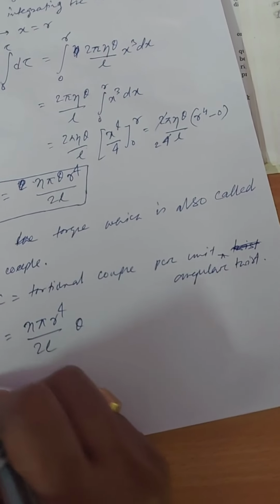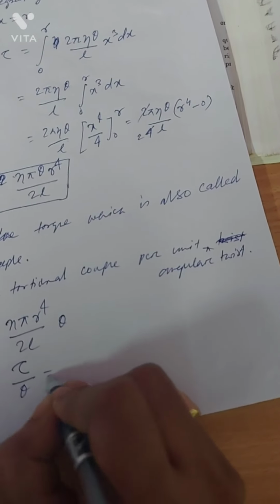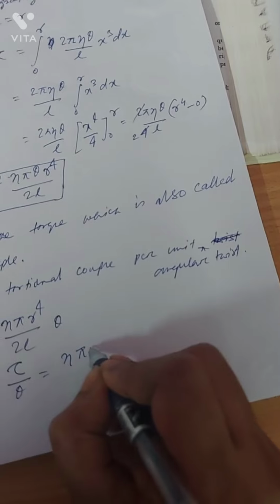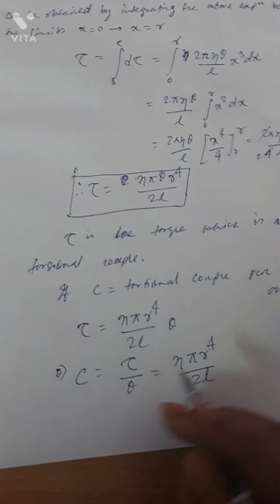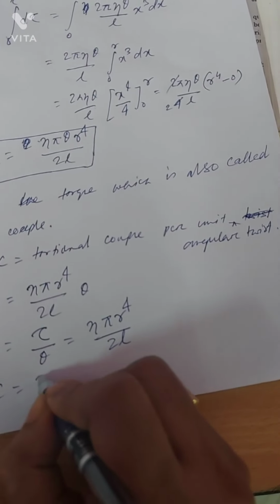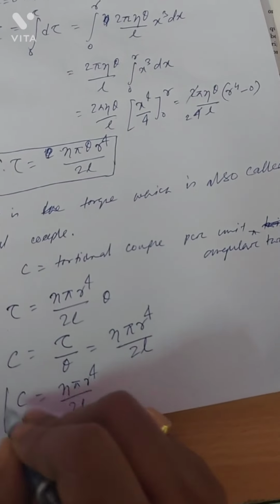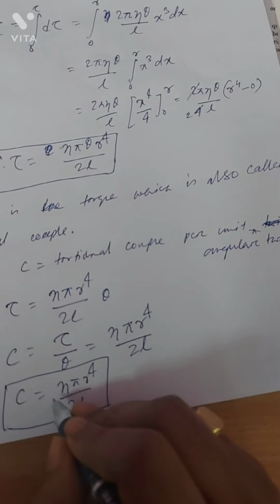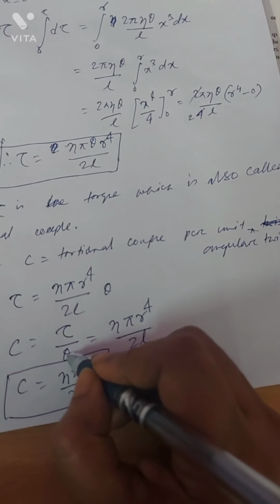Therefore C, the torsional couple per unit angle of twist, is equal to n pi r to the power 4 divided by twice L. So this is what is called torsional couple per unit twist, that is, couple divided by angle of twist.